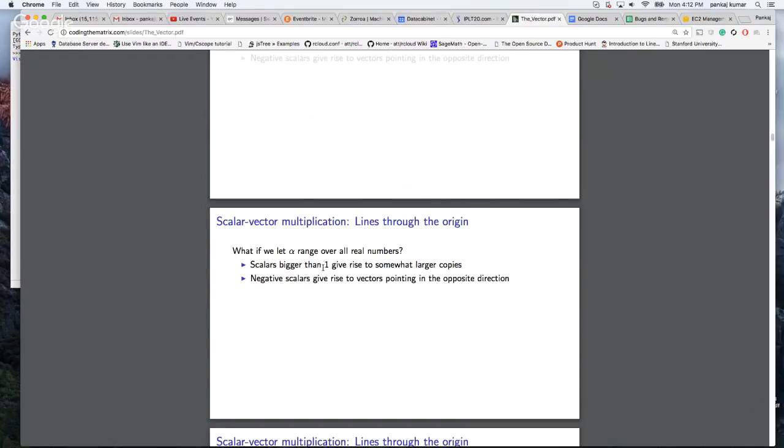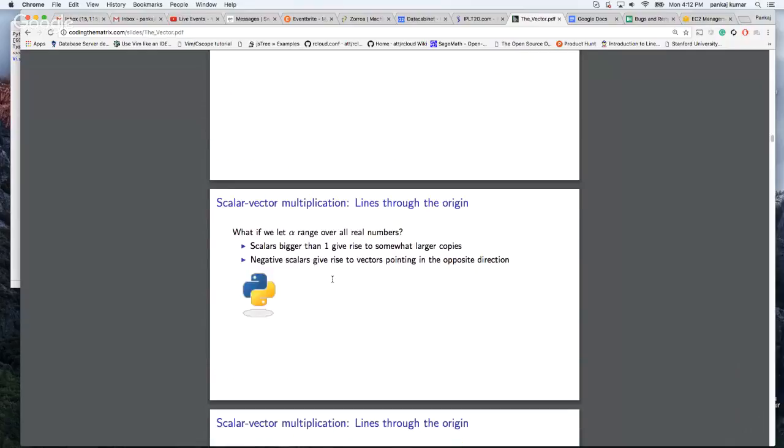If you multiply by anything greater than 1, then the vector will be bigger than the original vector. Negative scalars will just point in the opposite direction. When you multiply a vector with a negative scalar, the vector will point in the opposite direction.